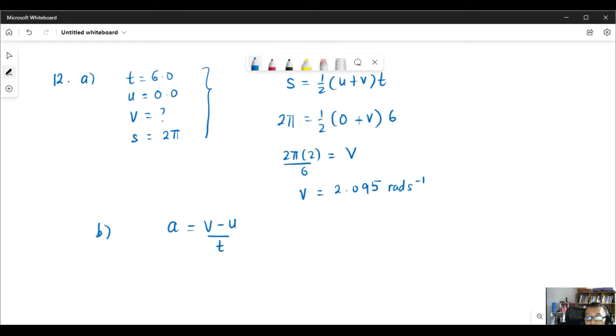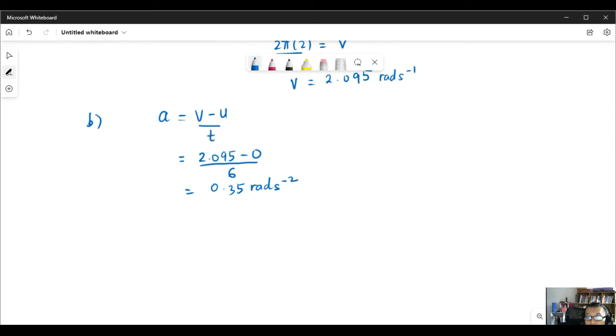So here the angular acceleration is given by the final angular velocity, 2.095 minus initial 0, divided by a time of 6 seconds. And that will give you an answer of 0.35 radian per second per second. That's B.